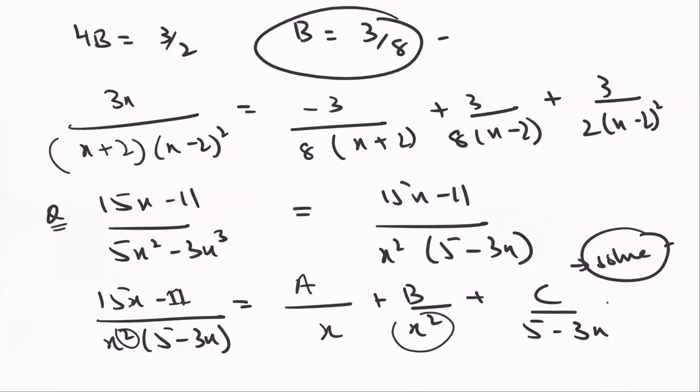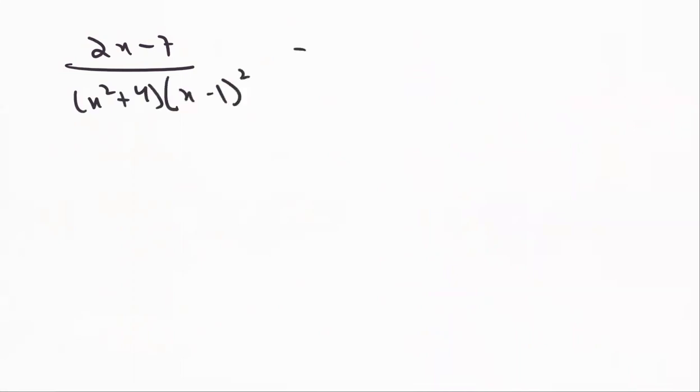For example, the other question is, if we have a question 2x minus 7, difficult questions of the past papers, it is x square plus 4 and x minus 1 square. So how we will be solving this? Yes, any suggestions? So we can write it like this: 2x minus 7.